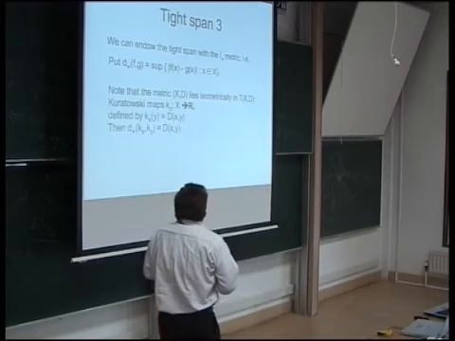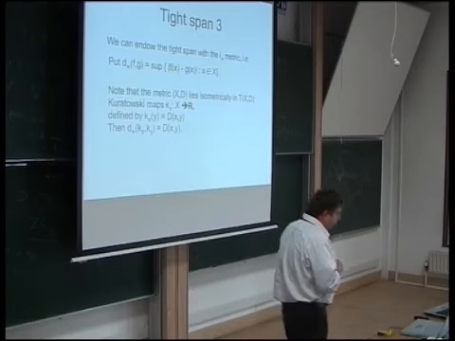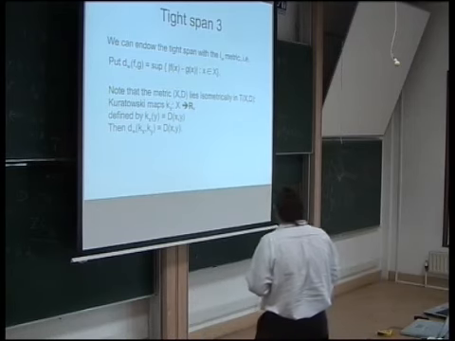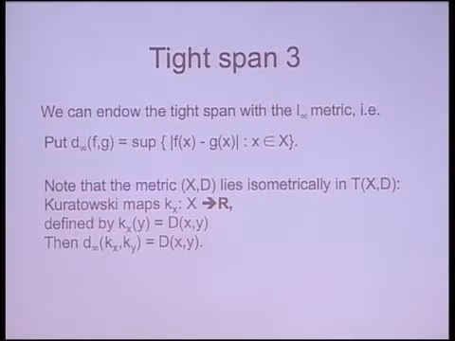And what you can show is that your original metric is isometrically embedded in the tight span. That is done by the Kuratowski map, as shown in this slide.